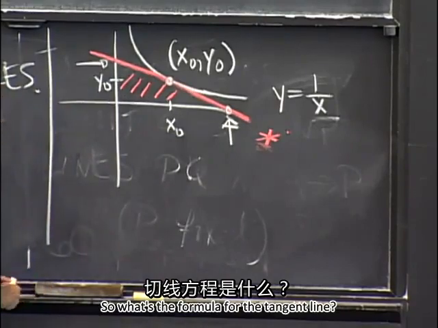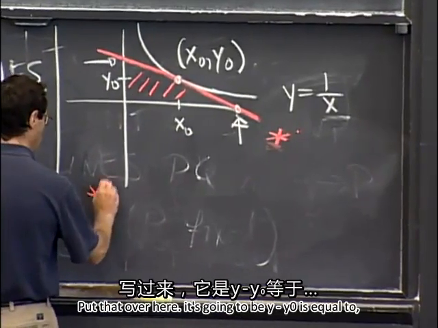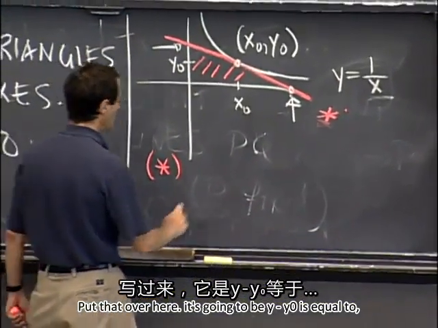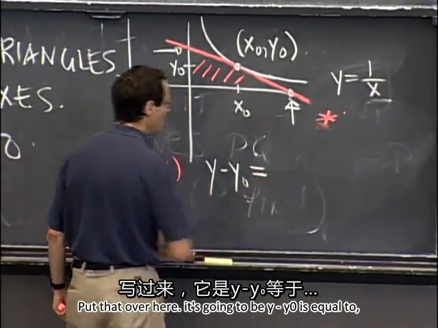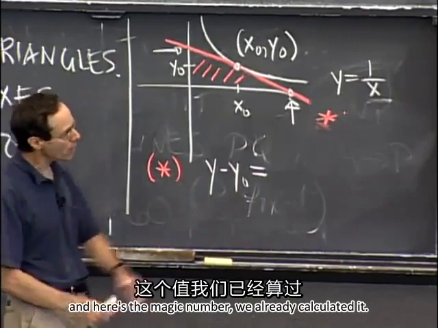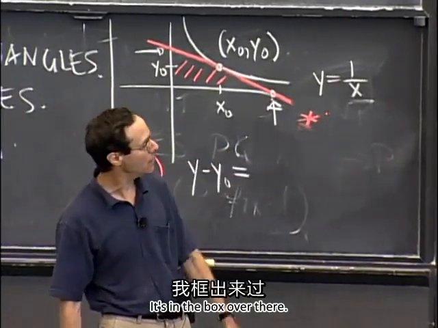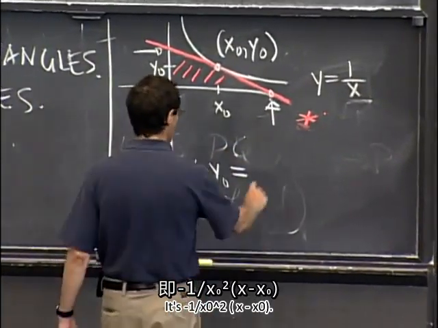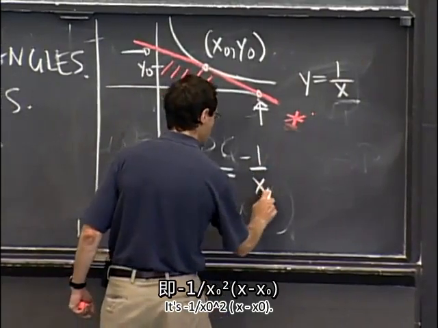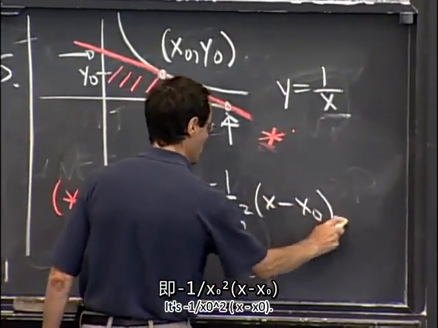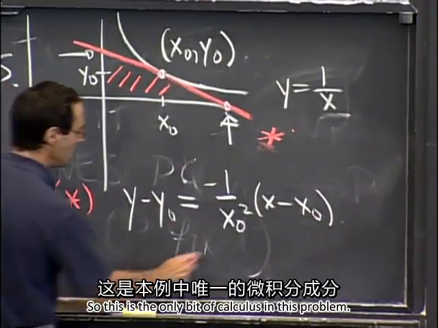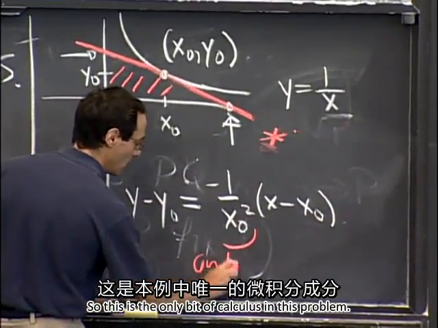So what's the formula for the tangent line? Put that over here. It's going to be y minus y0 is equal to, and here's the magic number. We already calculated it. It's in the box over there. It's minus 1 over x0 squared, x minus x0. So this is the only bit of calculus in this problem.